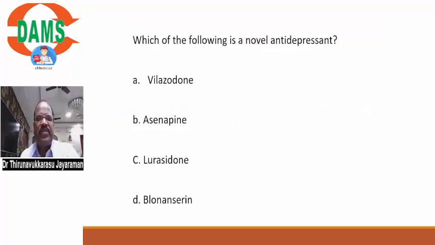Which of following is a novel antidepressant? Options are vilazodone, asenapine, lurasidone, blonanserin. A straight question, I think.